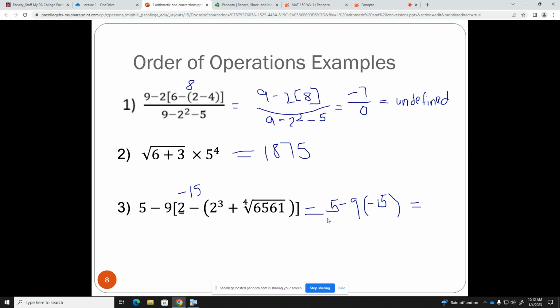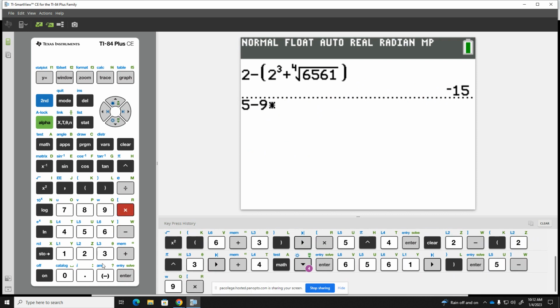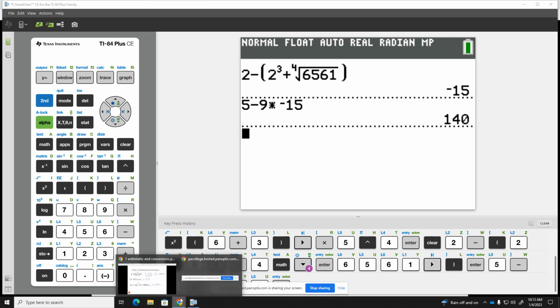So I'm going to go to my calculator and type that last bit in. So 5 minus 9 times a negative. Make sure you're getting the negative key, not the subtract key, but the negative and the 15, because that's a negative number. It's not a subtraction problem. We hit enter, and we get our answer here of 140.